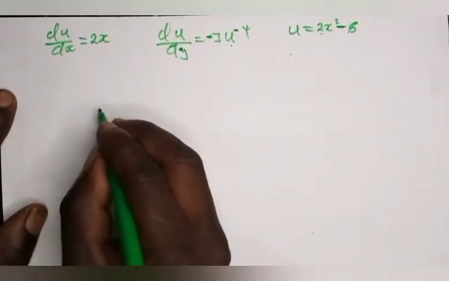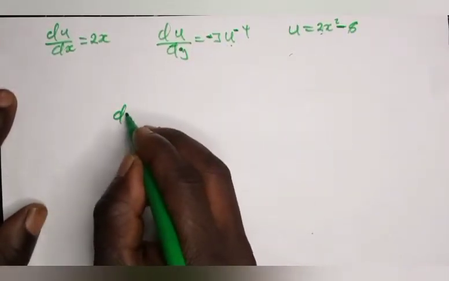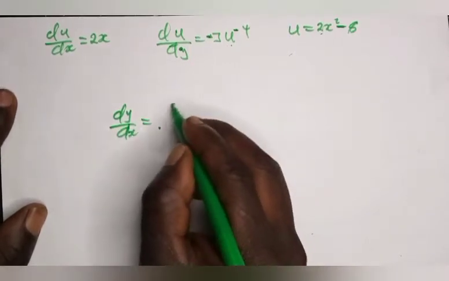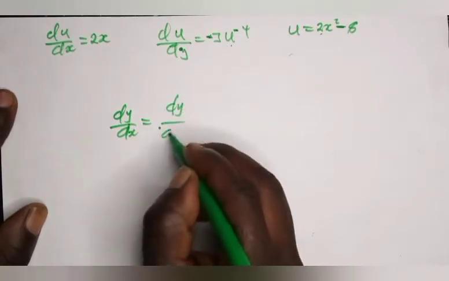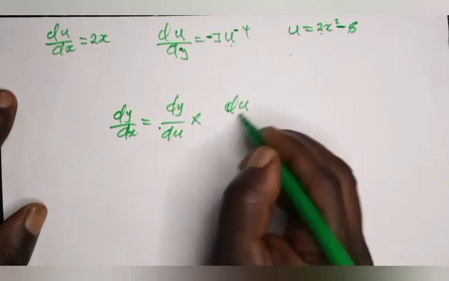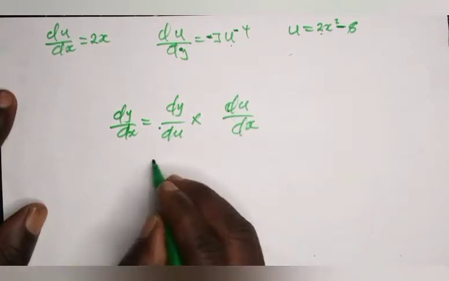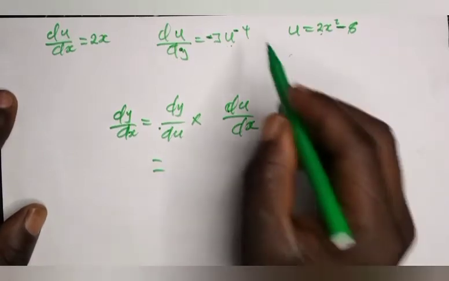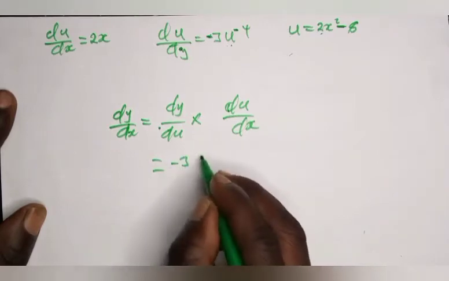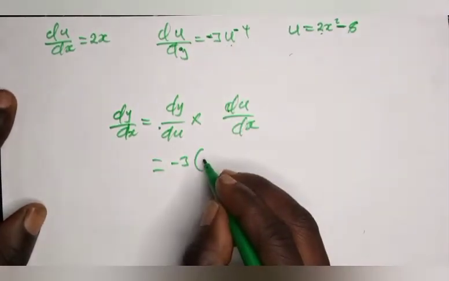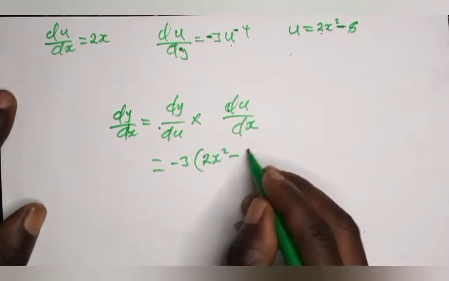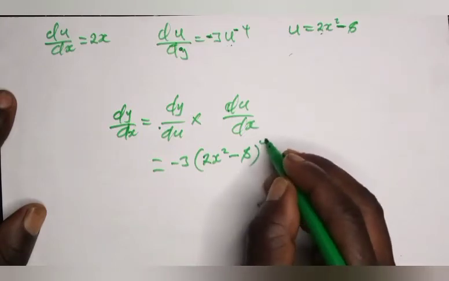So dy over dx equals dy over du times du over dx. Then let's substitute now. Where there's u, we substitute this value, then it will be minus 3. Where there's u, we put that equation, which is x power 2 plus 8, power minus 4.